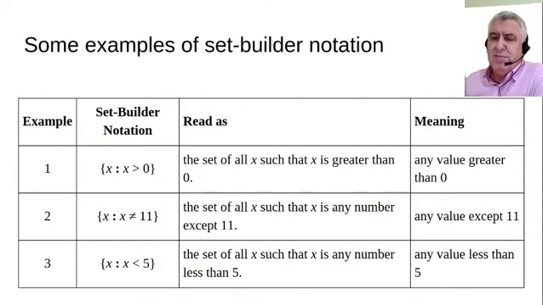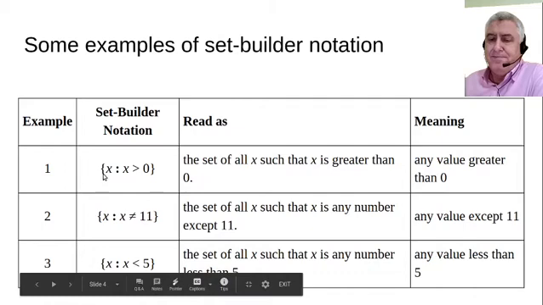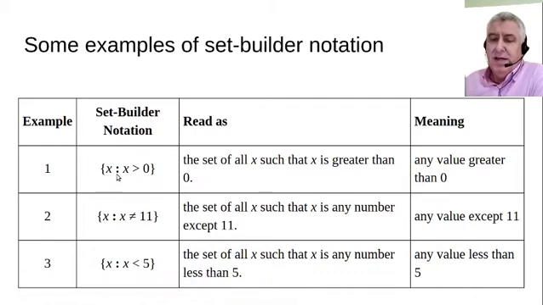So here are some examples. Here I have a set, and here I have an x, and we have that such that, and then x is greater than 0. This could be a pipe too. It could be like a little line, but it's read as the set of all x such that x is greater than 0.